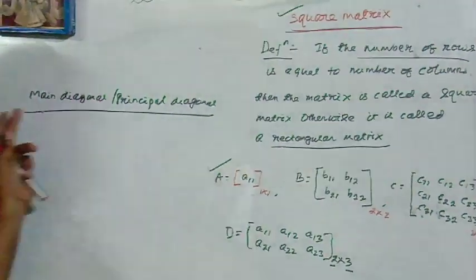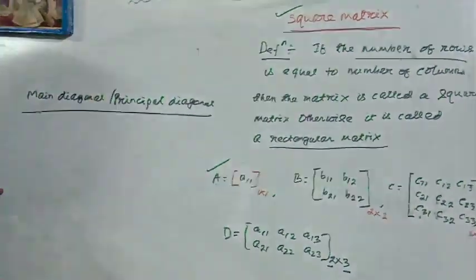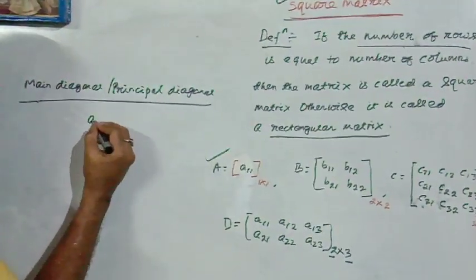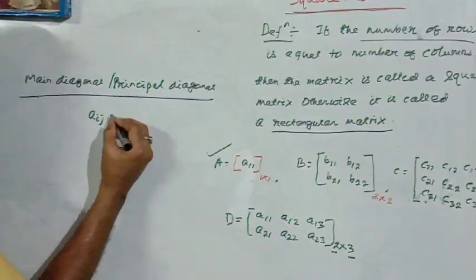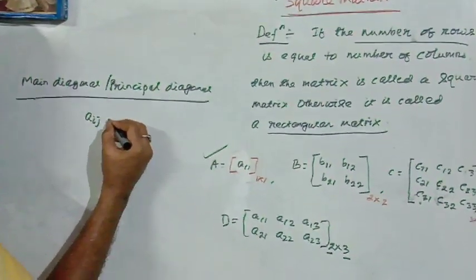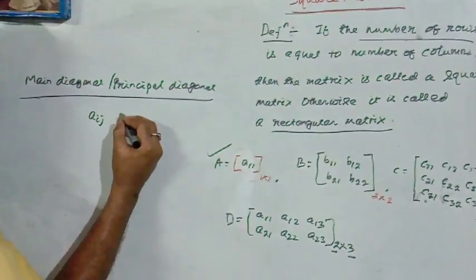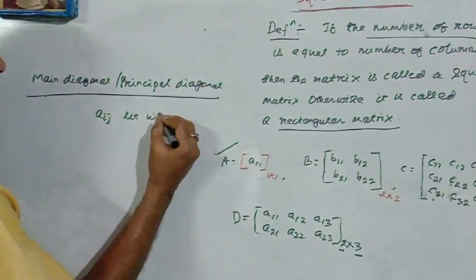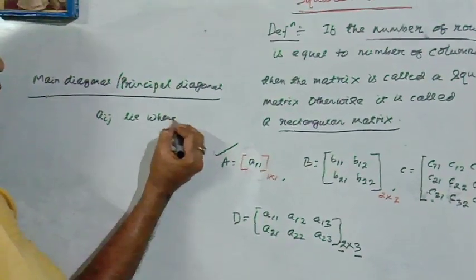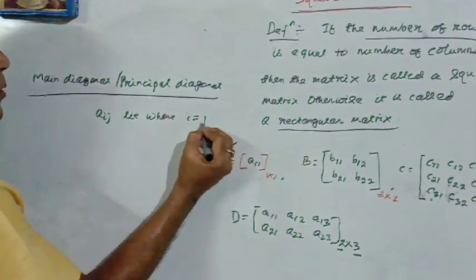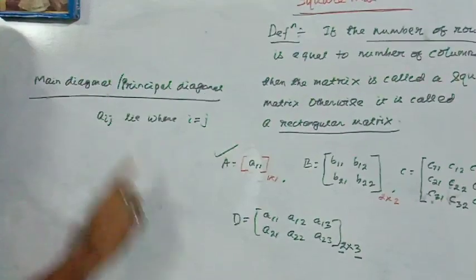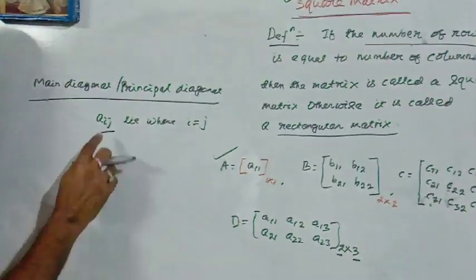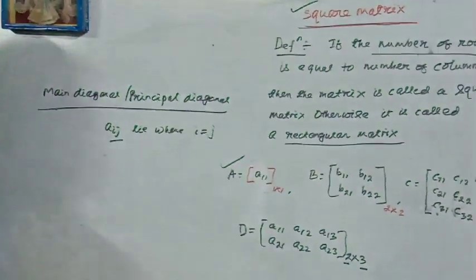So what is the definition of main diagonal? Main diagonal is a line along which the elements Aij lie, where i is equal to j. So principal diagonal is nothing but a line along which the elements Aij lie, where i is equal to j.